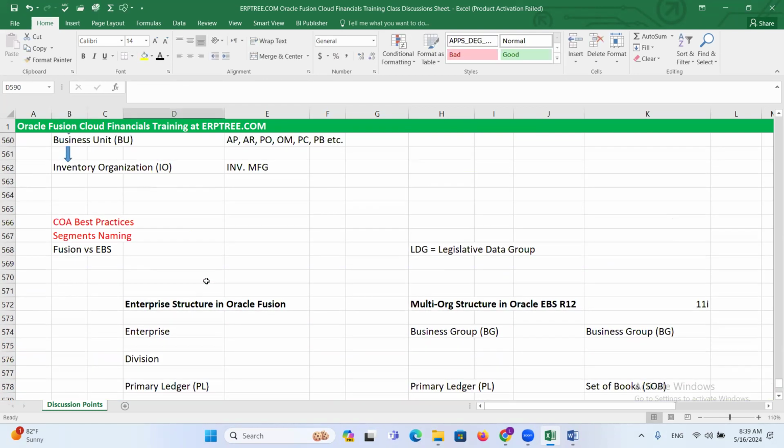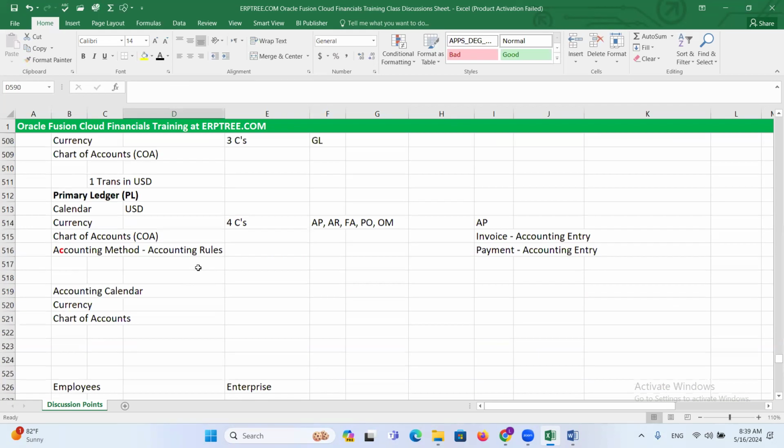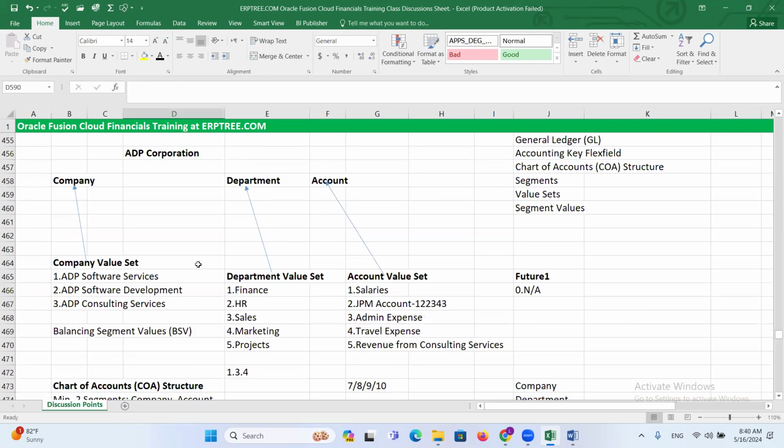See here, whatever we discussed as balancing segment values, company values we call balancing segment values. So if you have 3 balancing segment values, you create 3 business units.